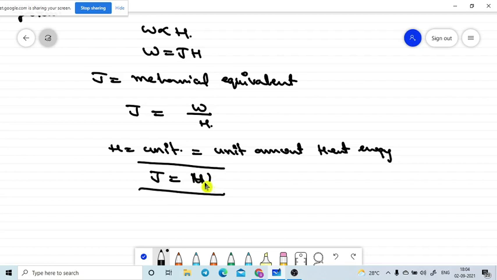It is the work done on the system to produce a unit amount of heat energy in the system.